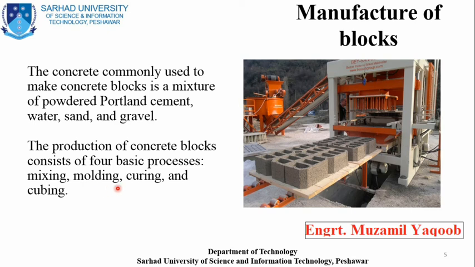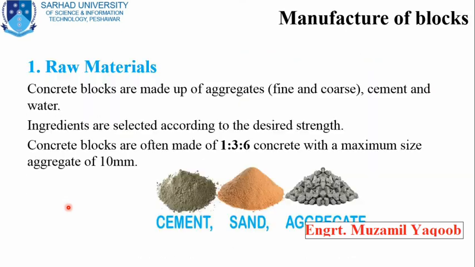In the third stage the curing process is done. As you know, curing is very important, because with the help of proper curing we can achieve 100% strength. And the last part is called cubing, right? Cubing means preparing for construction. So let's discuss them one by one.